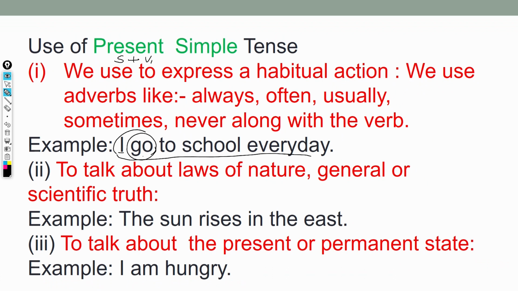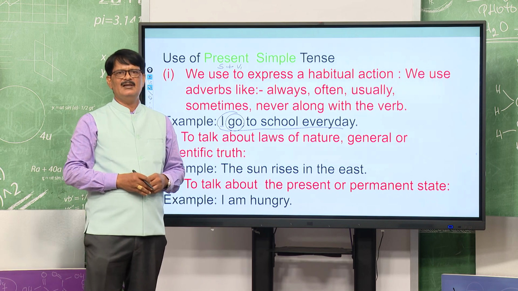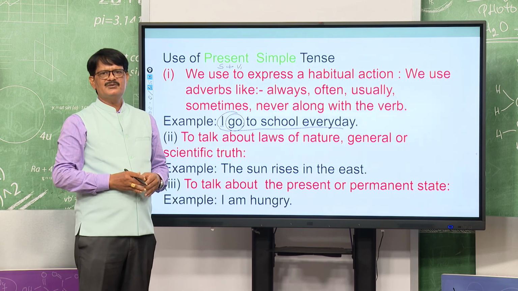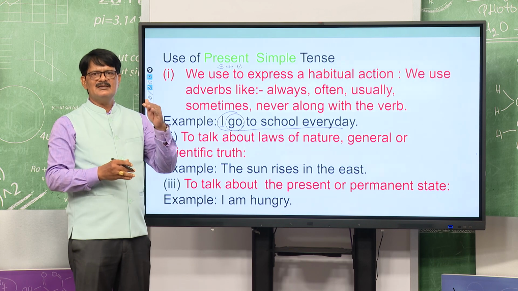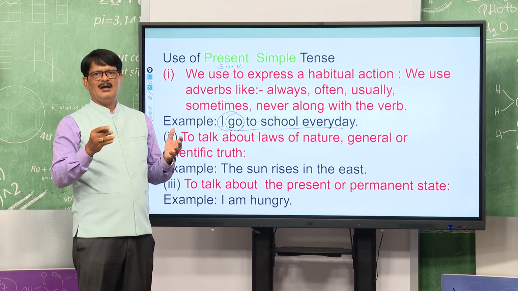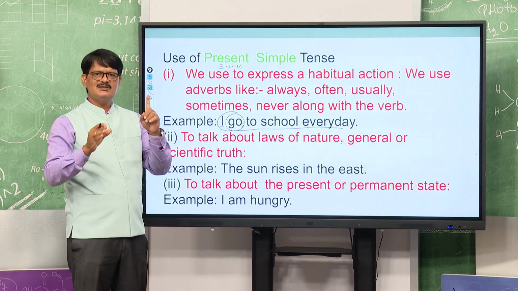The next one: to talk about the laws of nature, general or scientific truth. This is the second rule, where we use the present simple. Example: the sun rises in the east. That is a law of nature, and the present simple is used.